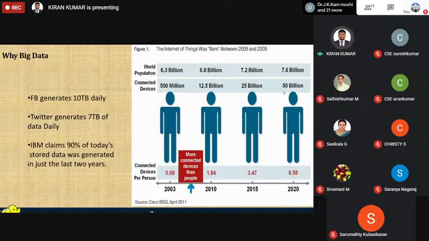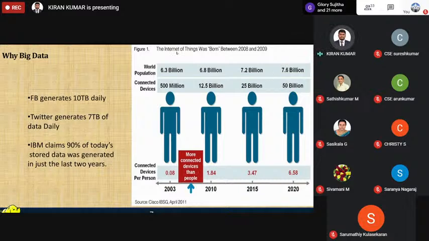And here comes one more example: the number of connected devices in ratio to the world population. You can see here a small statistic published by Cisco in the year 2011.